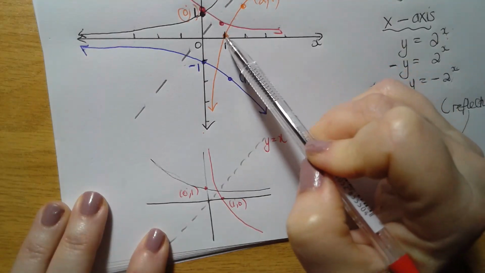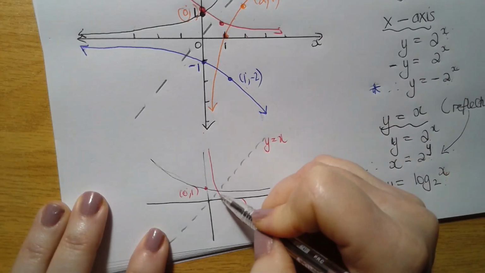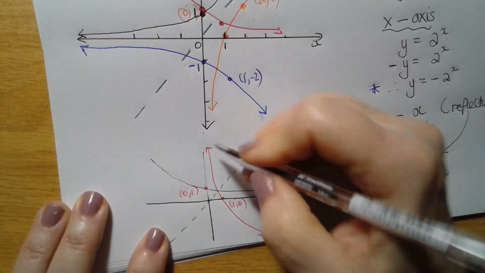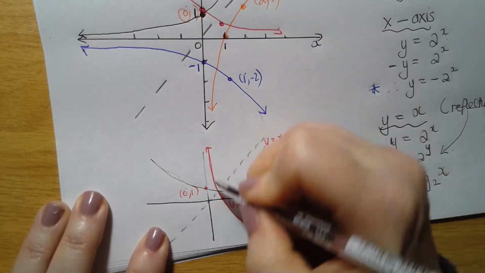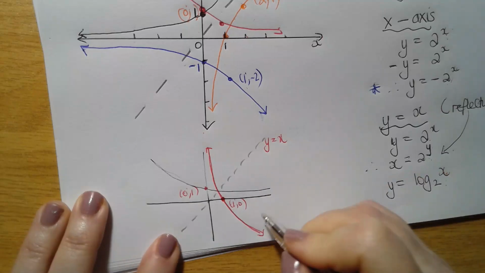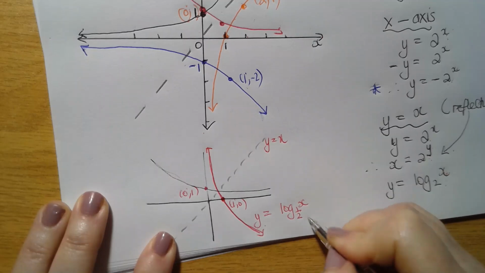But if we had the point (1, 1/2), then it would become (1/2, 1). And so you would get a curve that looks like this, still crossing the x-axis at 1, and this would be the graph of log x to the base 1/2.